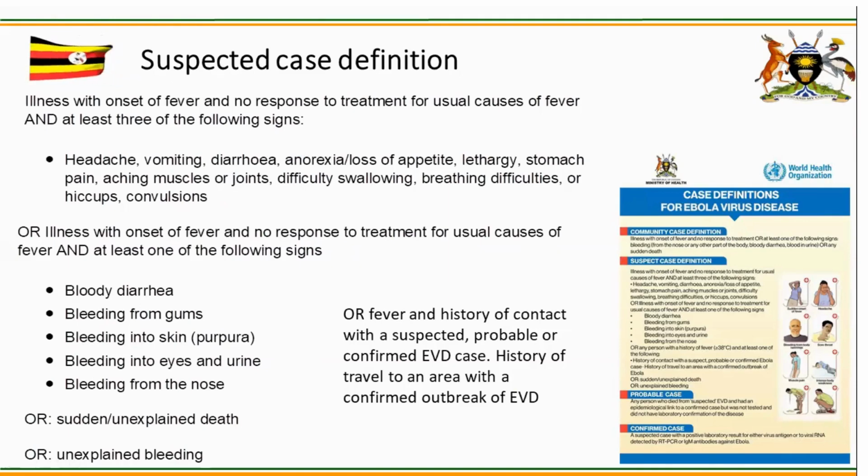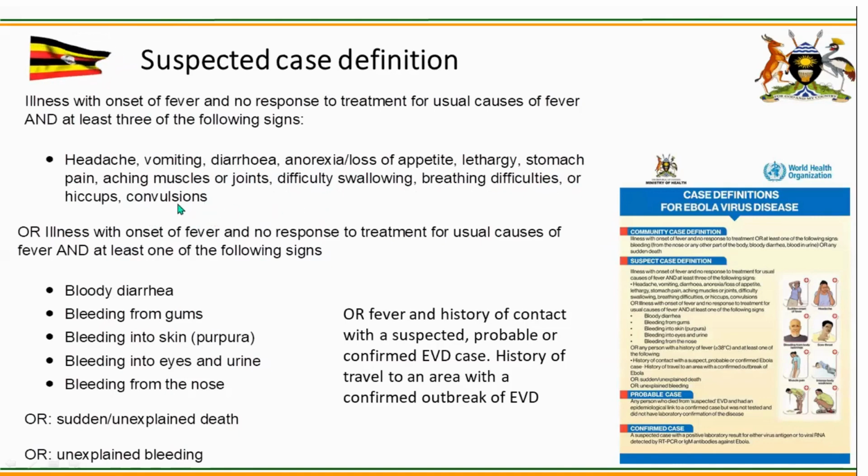Once we have used the thermoflash, we come to the history, where you should have fever or a history of fever, if a person was not having a high temperature but had it before, and then three of these: headache, vomiting, diarrhea, anorexia, lethargy, stomach pain, itching, muscle or joint pain, difficulty in swallowing, breathing difficulties, hiccups, and convulsions.